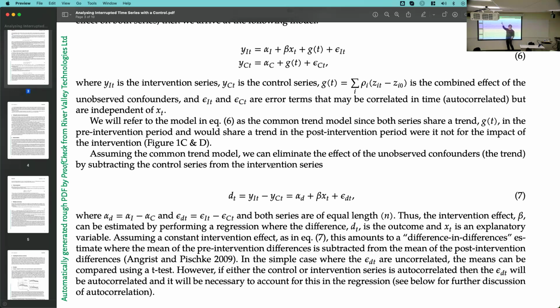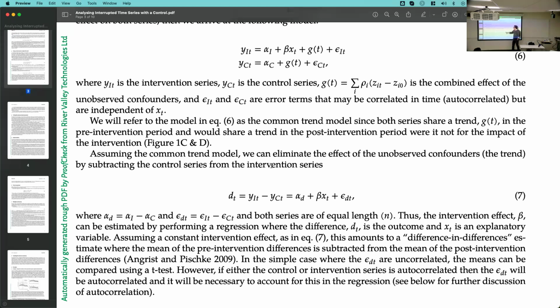We don't know what they are. If we knew, we would be able to estimate them and control for them. We can't observe and measure them, which is why this is a problem in the first place. But we can assume by design that they would have affected the control group similarly, and therefore by taking the difference of those two time series, we get rid of them by design, which is awesome.